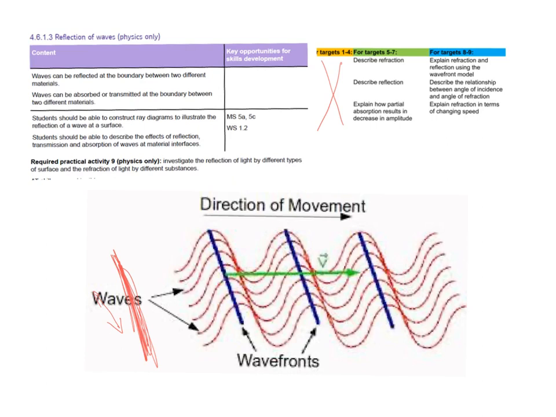Wavefronts are simply a line that joins the peak of every single wave along the line. So you can see that these lines show the peak of a wavefront. So it's easier for us to draw, for example, water waves using wavefronts.